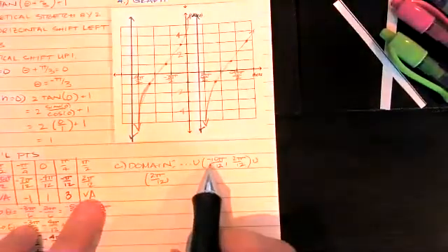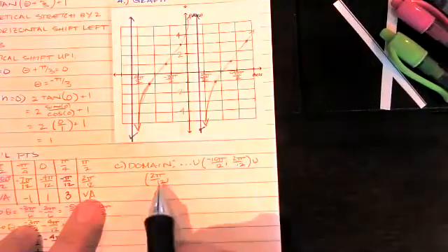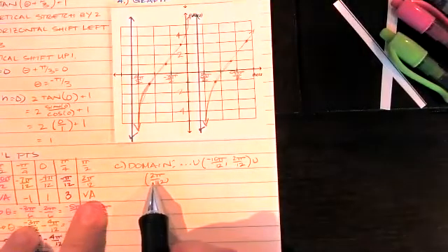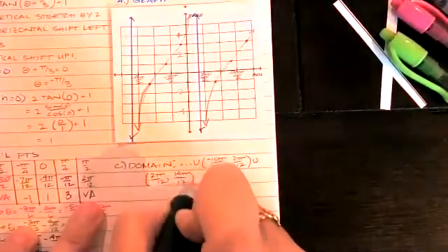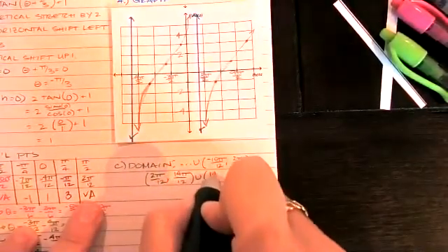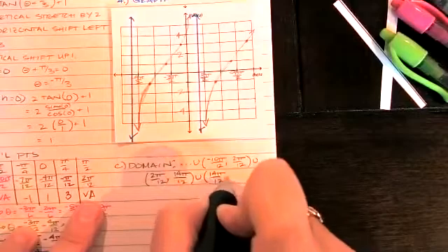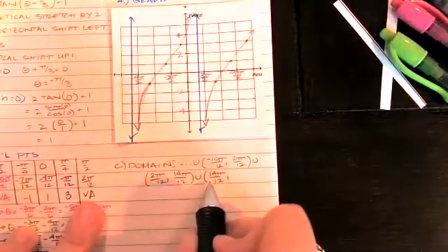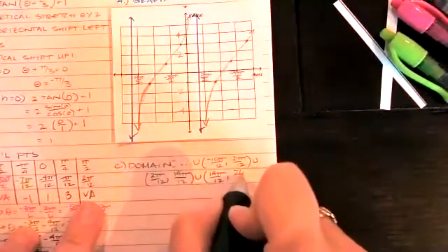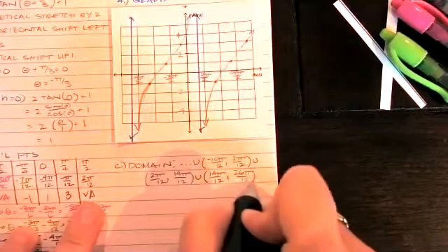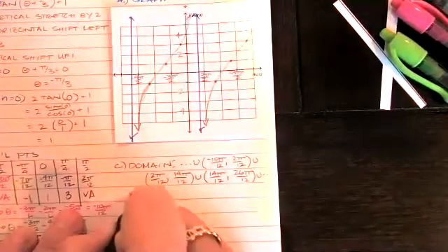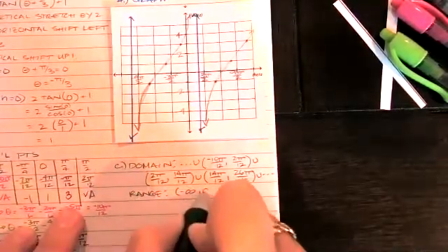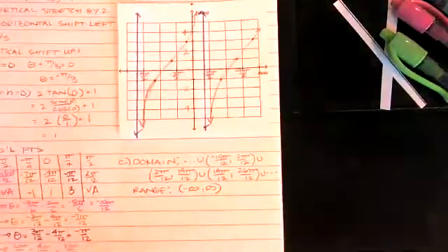Now we said the distance here was 10 plus 2 is 12. So 2 plus 12 is 14 pi over 12. Union 14 pi over 12, comma, that should be what, 26 pi over 12? And then the range goes from negative infinity to positive infinity. There we go.